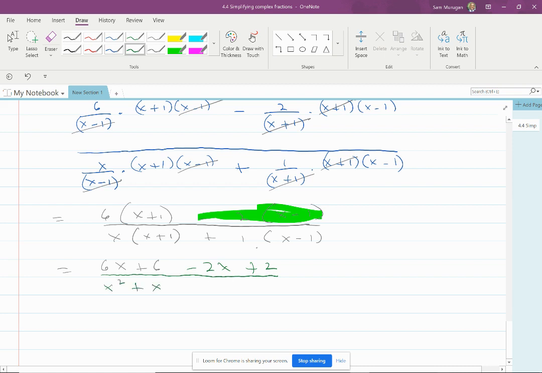And then distributing 1 into x minus 1, we have plus x minus 1. So collecting like terms here, we have 6x minus 2x is 4x, and 6 plus 2 is 8. On the denominator, collecting like terms, we have x squared plus 2x minus 1.